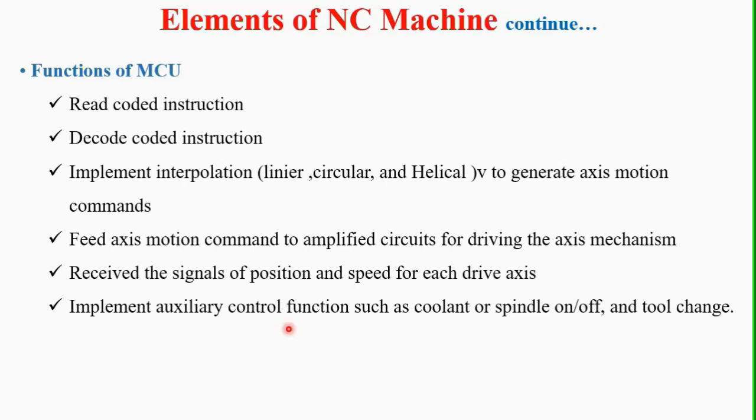Then it receives the signals of position and speed for each drive axis. In numerical control, this means the position of the spindles and the speed and feed of the drive axes. All these signals are received in this MCU. Then it implements auxiliary control functions such as coolant or spindle on/off and tool change. All these functions can be carried out in this MCU.